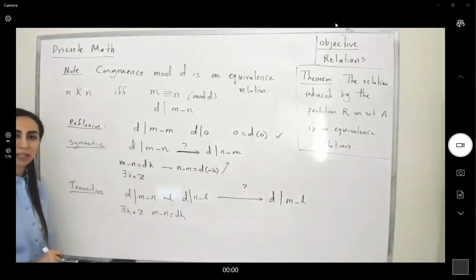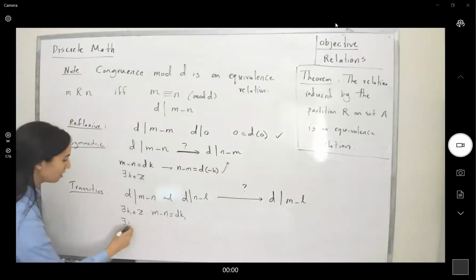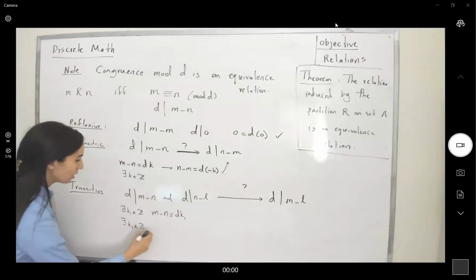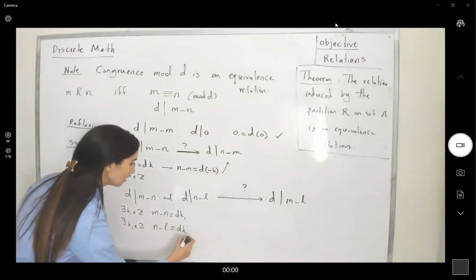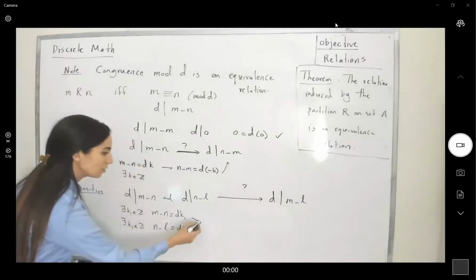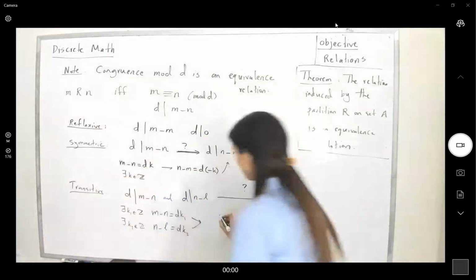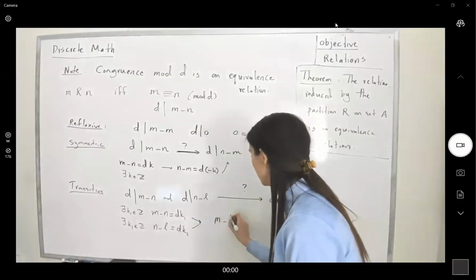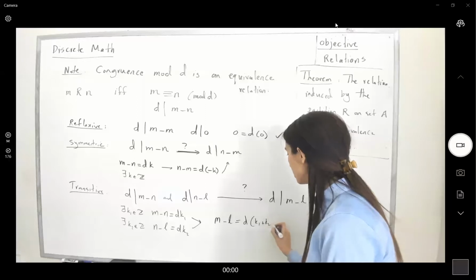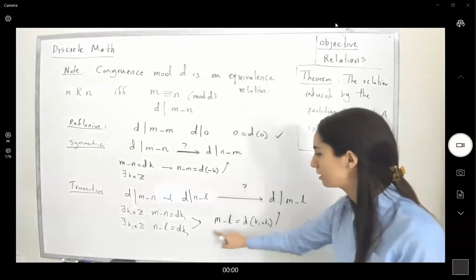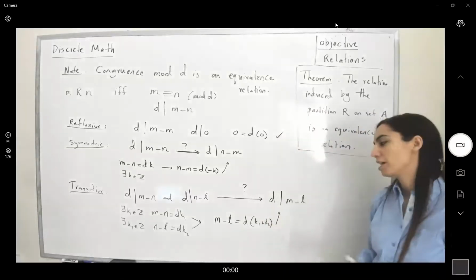D divides N minus L, it means that we can find another integer k2 such that N minus L is equal to D k sub 2. Adding these two together, it gives us M minus L equals D times k1 plus k2. It means that D divides the difference between M and L.